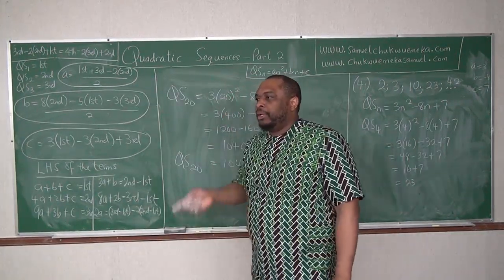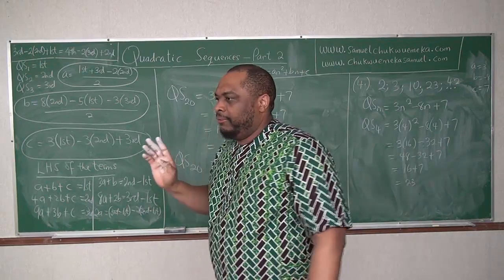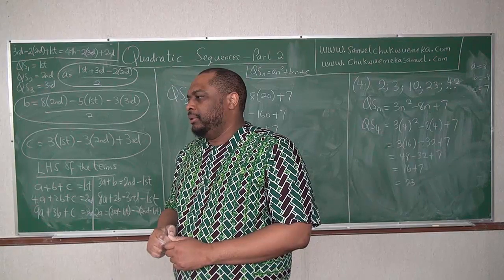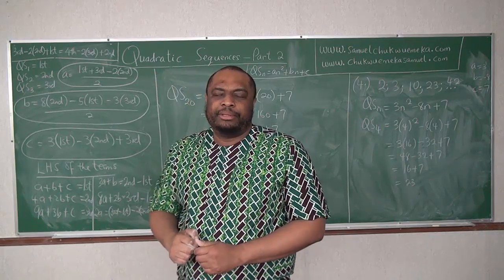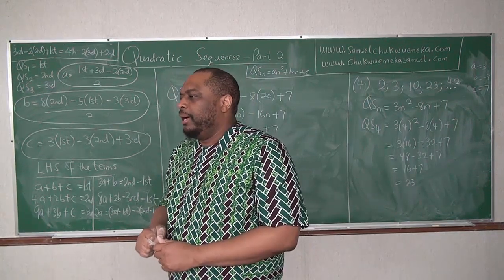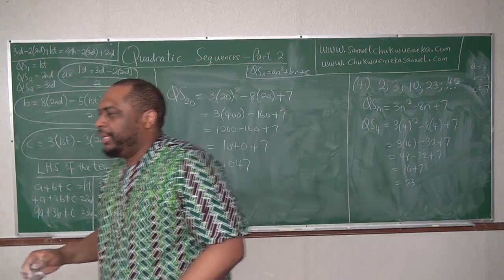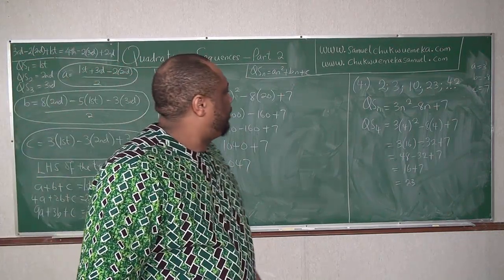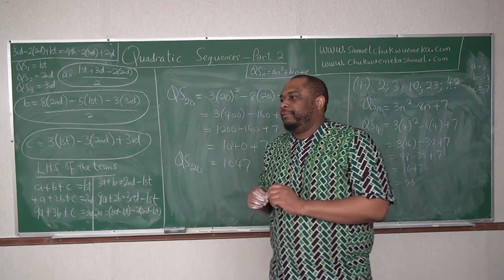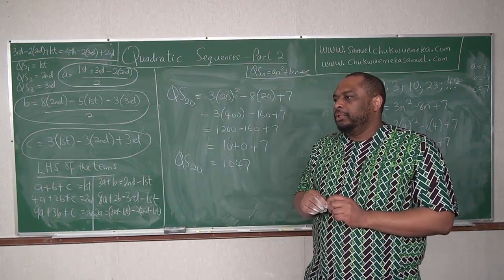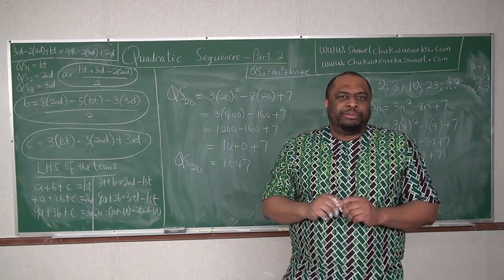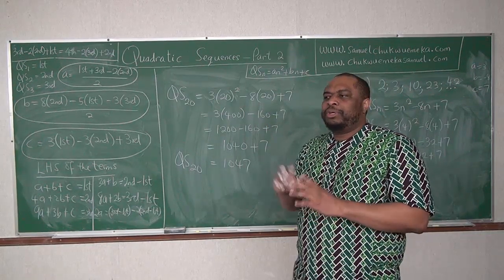Let's do question 5. Okay, let's do question 5 and we can call it a night. Question 5 has more stuff on it. Okay, and then we can call it a night. And you know, if I have to do part 3, I will do it, but you can watch out for it.